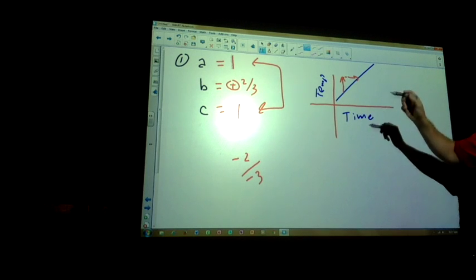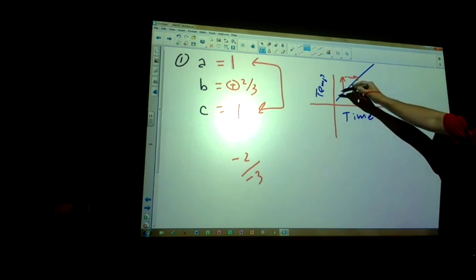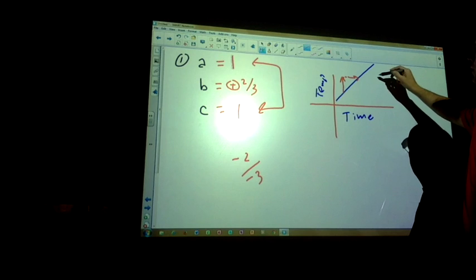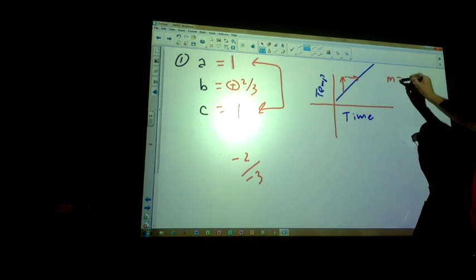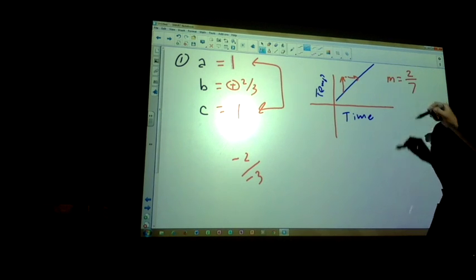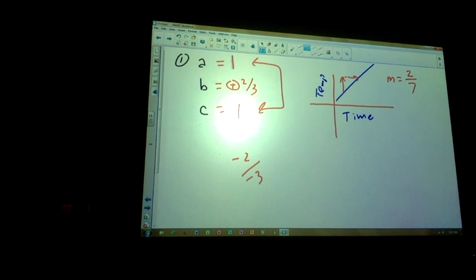Let's say we found a slope of 2 over 7. I'm just making this up. What does this slope mean in the context of this problem? It goes up 2 units in temperature for every 7 units of time.